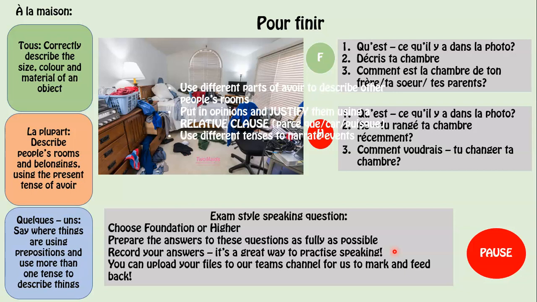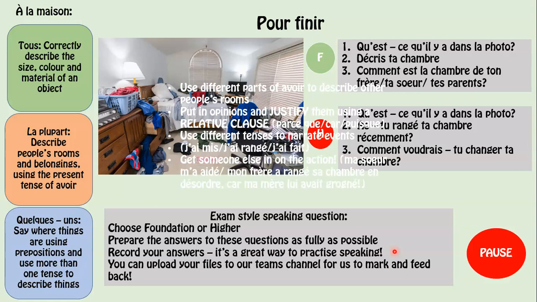So, you know, la semaine dernière, j'ai rangé ma chambre, j'ai mis mes chaussures sous mon lit parce qu'elles étaient sur le lit et c'était en désordre, or something like that. Okay. So using your verbs like j'ai mis, j'ai rangé, j'ai fait.